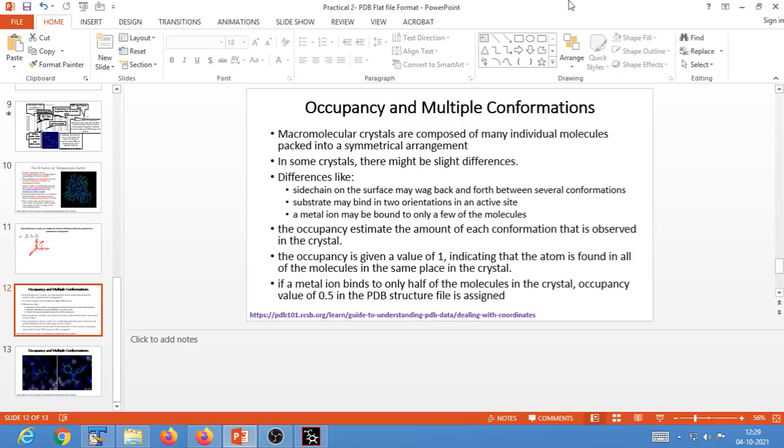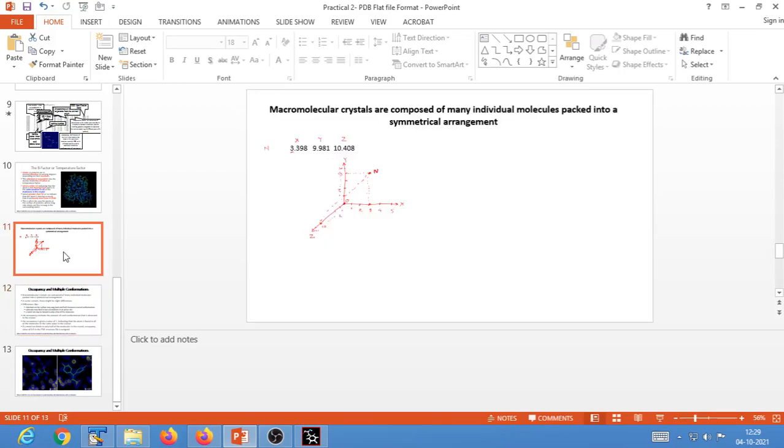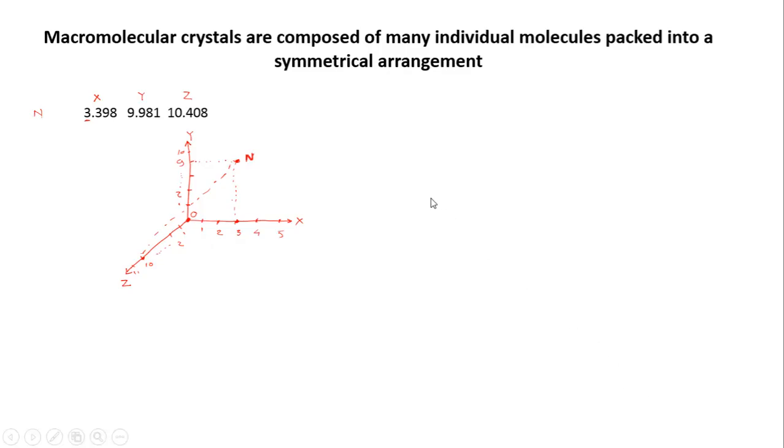Okay, so in order to understand what occupancy is, let us revise what we discussed in our last lecture. So I have said that macromolecules like proteins, when they are crystallized, the individual molecules get packed into a symmetrical arrangement.